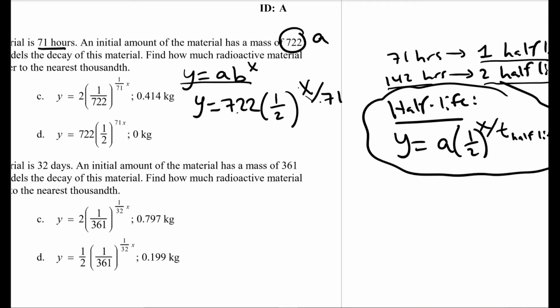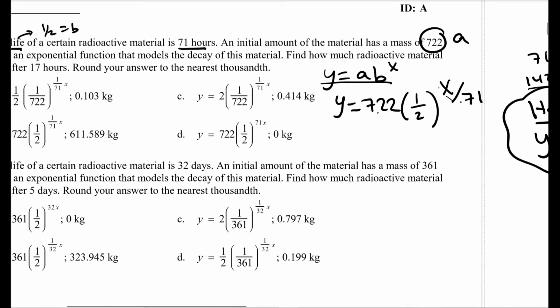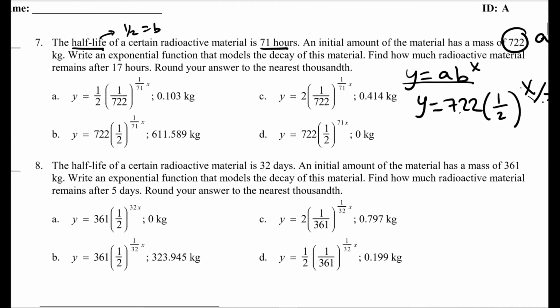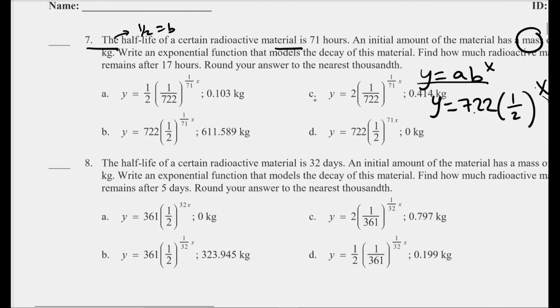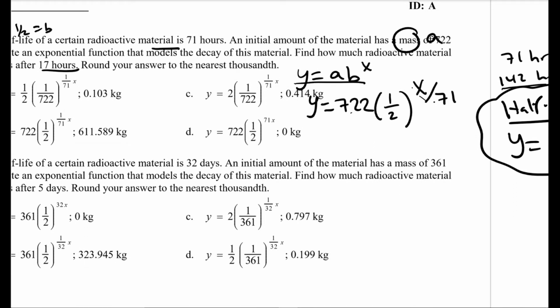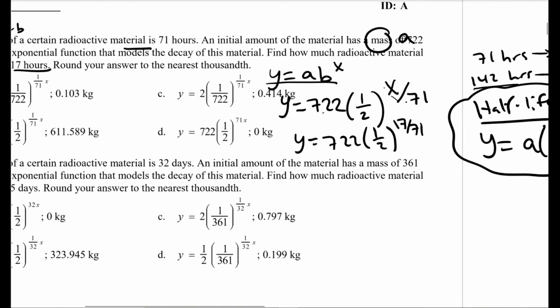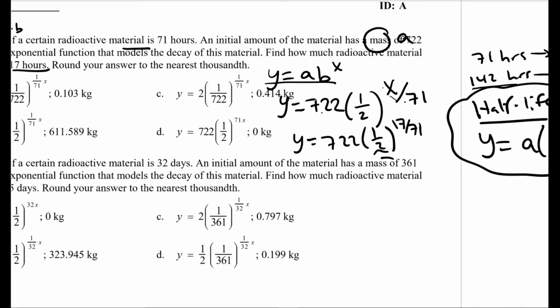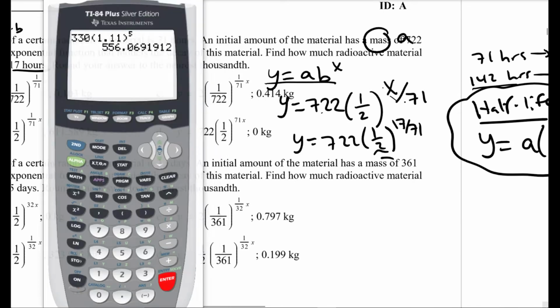All right. So we'll just tuck this equation aside for the next problem. So we got our model. We want to figure out how much radioactive material remains after 17 hours. So now I'm going to plug 17 in, so that'll be 17 over 71 power. And then I got to figure out what that is, so I'm going to plug that into the calculator real quick.